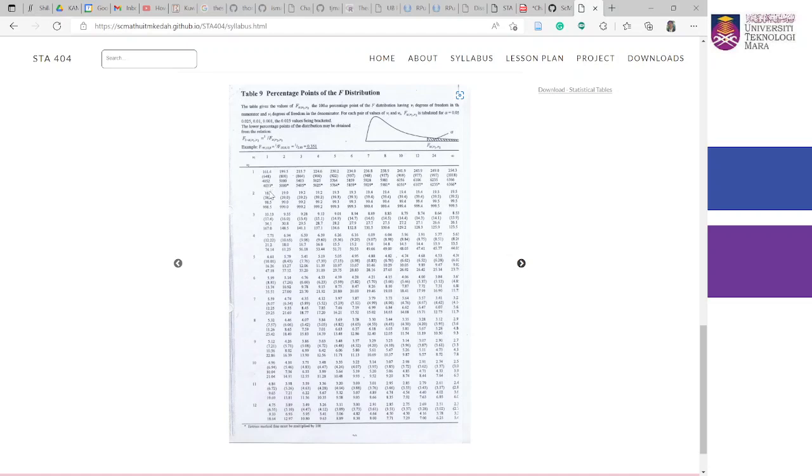So that means if your alpha is 0.05, you look at the first row for each of these. For example just now, our first degree of freedom is 2, so you look at the second column. And then our second degree of freedom is 9, so you look down to 9 over here.